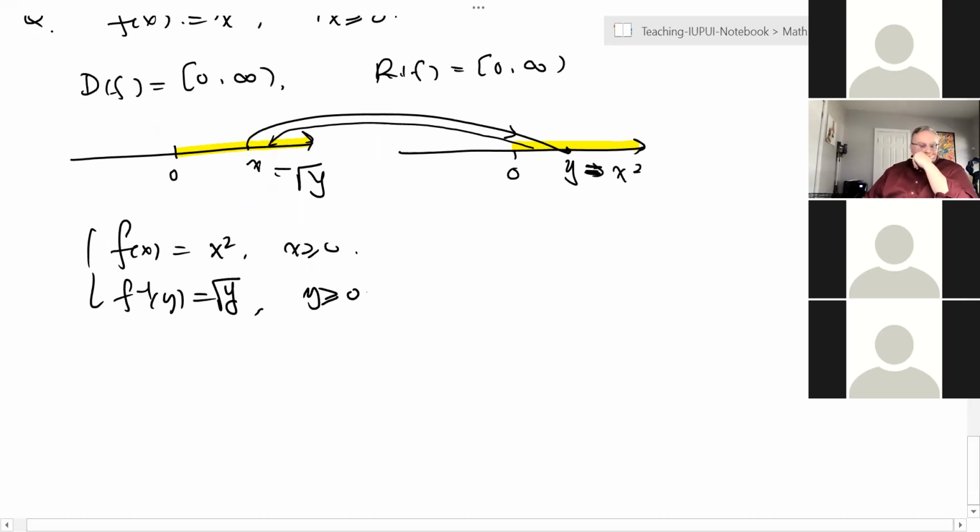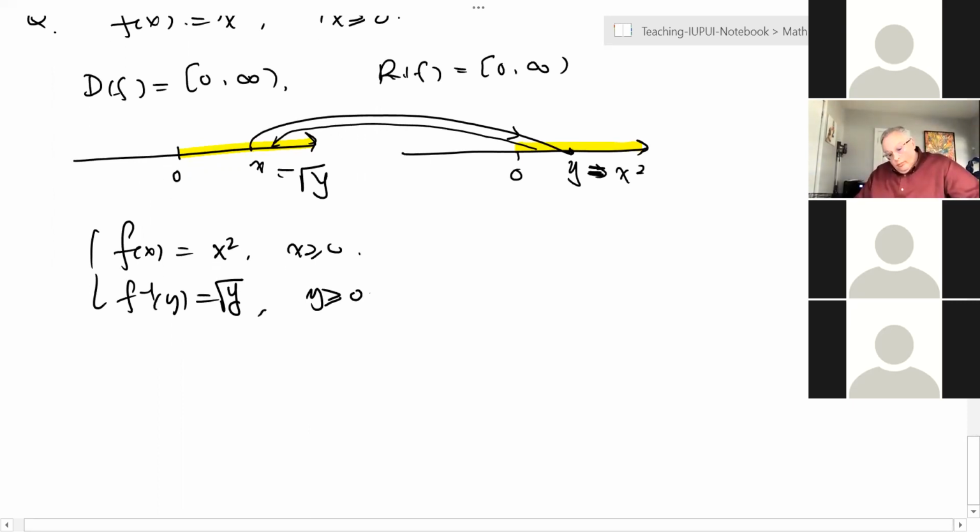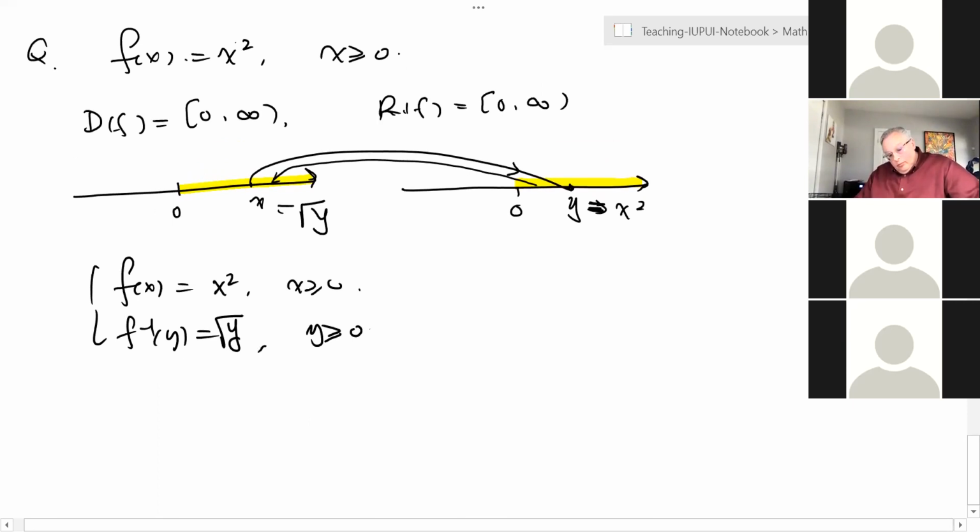Now we want to find the derivative of the inverse function. How to do that? How to find the derivative of this function?